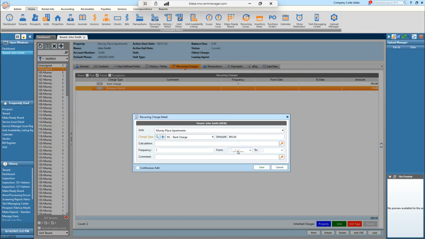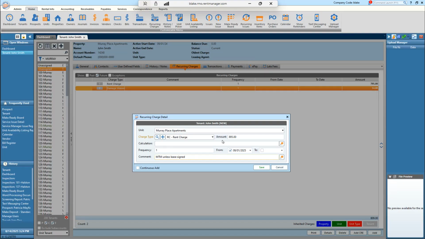And this is whenever we're going to put a from date, and that is because on lease renewals that you set up, you need to start the charge for the 1st. You'd want to make sure that there are no gaps in time between the end of one charge and the beginning of a new charge. So for instance, this is going to start the first day after their lease ends, 9/1/2025. We're going to go down here and we're going to notate this as month to month unless lease signed.